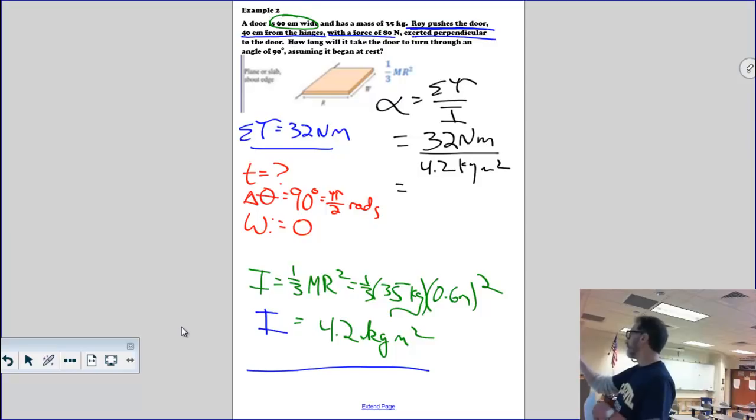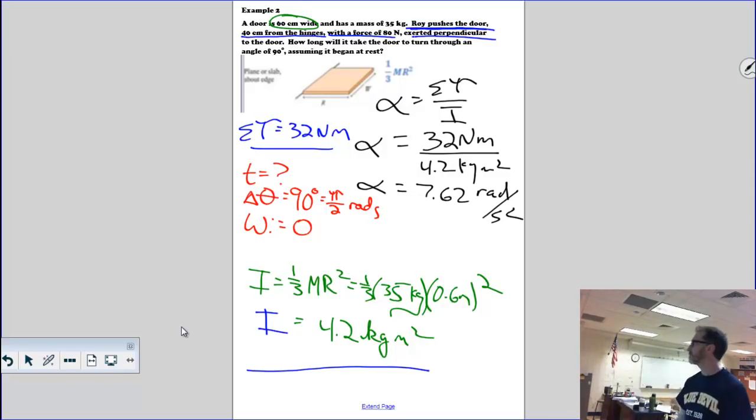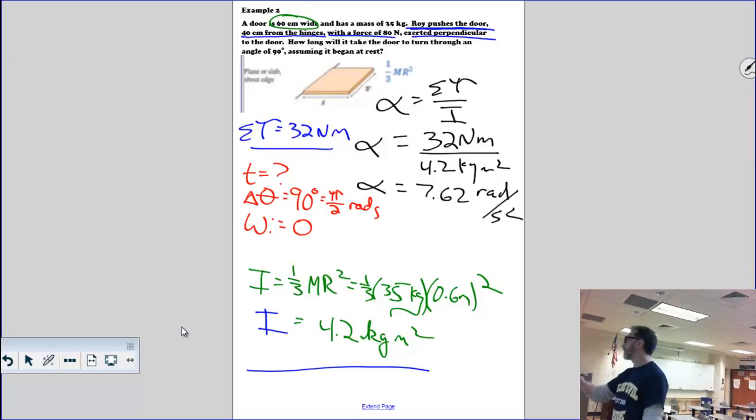And your alpha turns out to be 7.62 radians per second squared. Okay. So we are almost done.